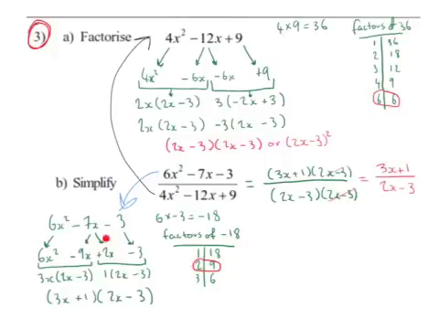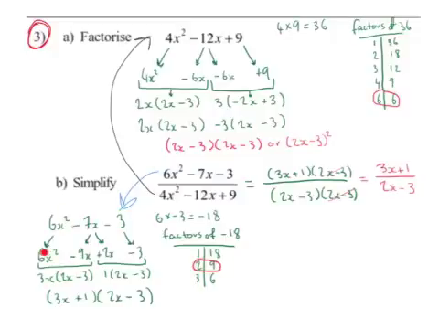So, since this is a negative, I know I'm going to have different signs here. But either way, I need to add or subtract one of my factor pairs to get minus 7. So I'm going to go with 2 and 9. So minus 9x plus 2x will give me minus 7x.